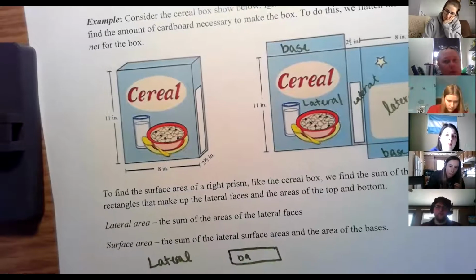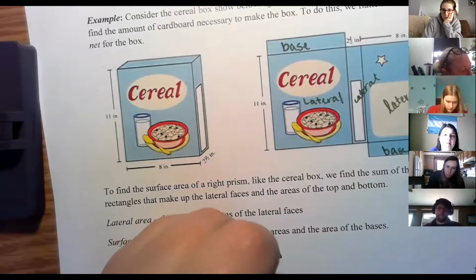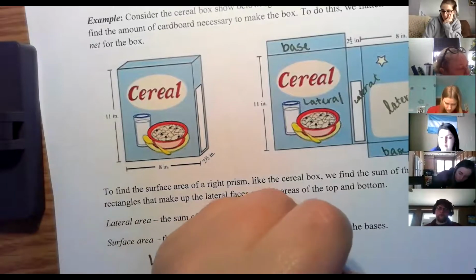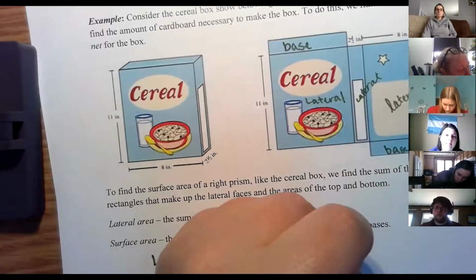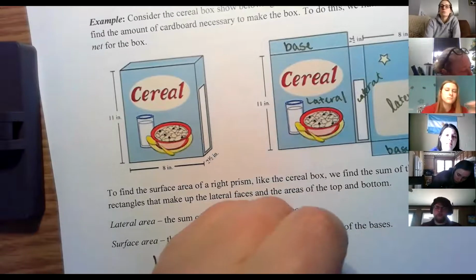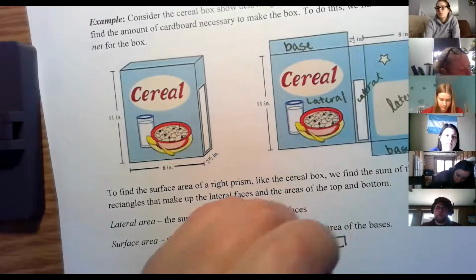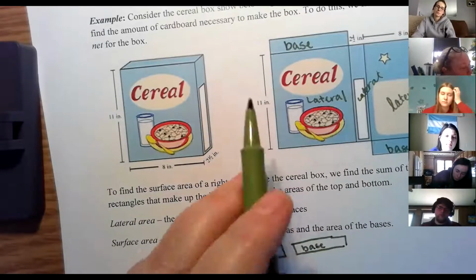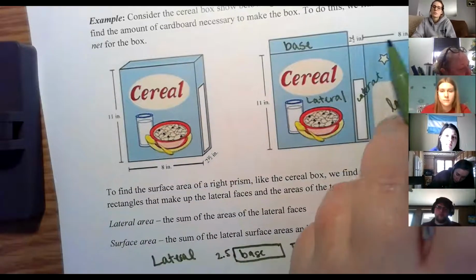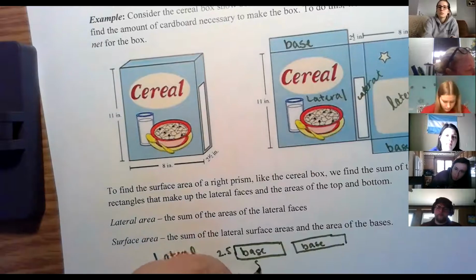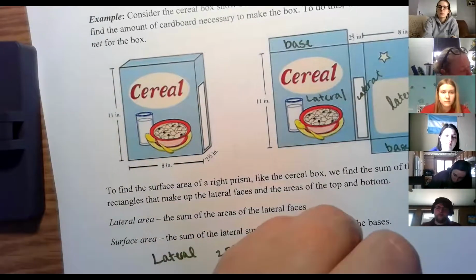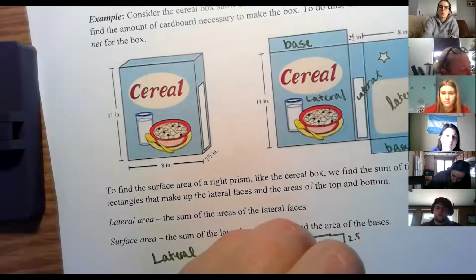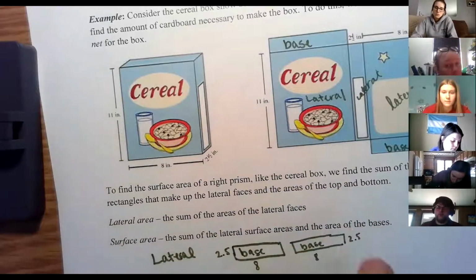There we go. So if this skinny top piece is a base, and we have 2 of those, right? So this is a 2.5, and then this piece here would be 8, and that's 2.5 and 8. Now that's for my bases.